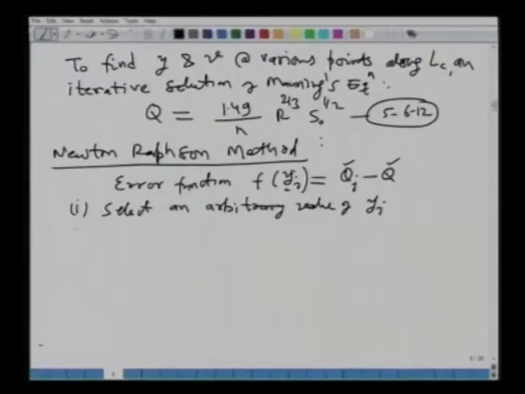Once we know yj, we can calculate Qj from the Manning's equation. So your second step is to compute or estimate your Qj using the Manning's equation.